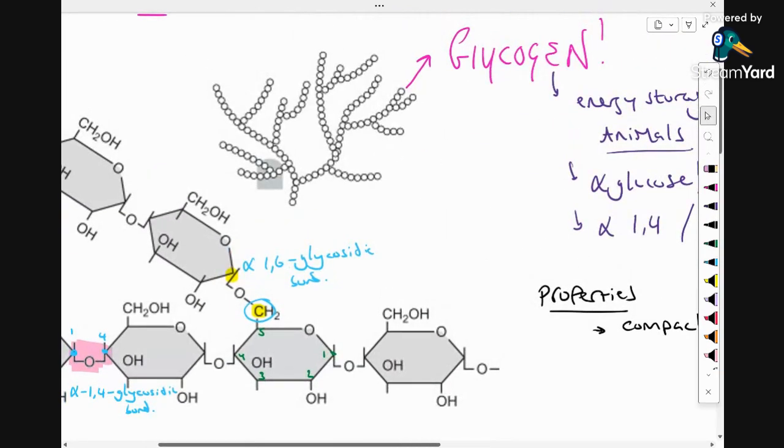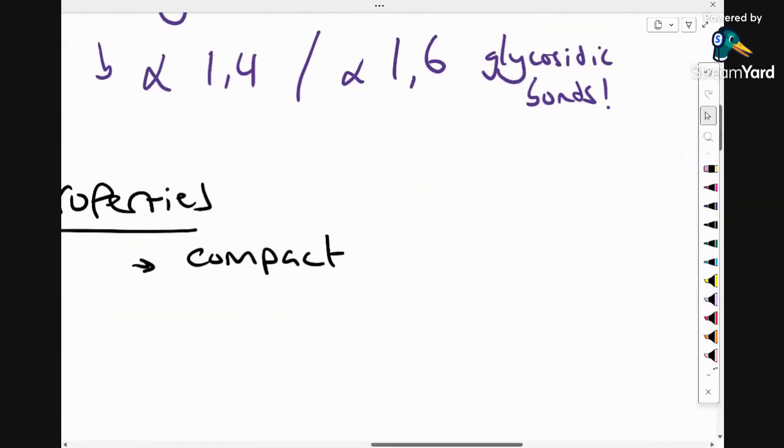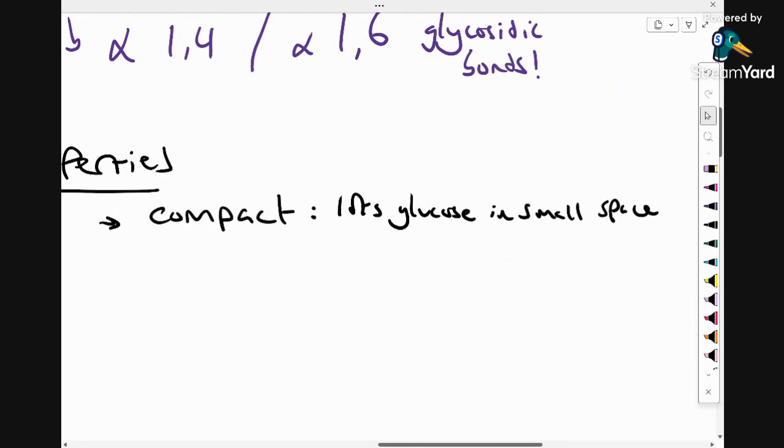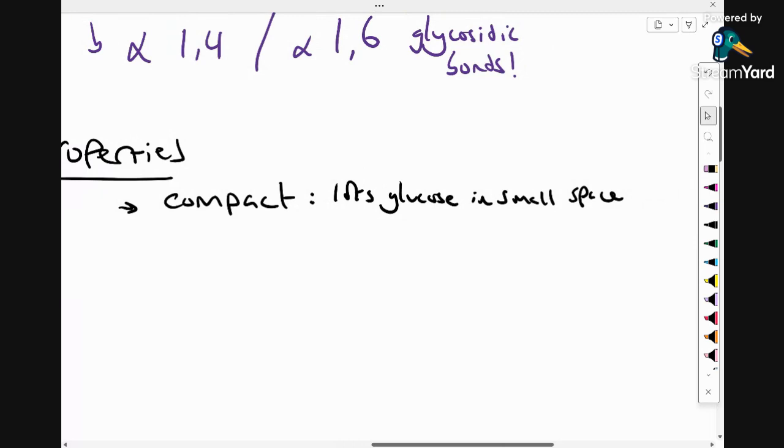You've got a lot of glucose in a small space. So compact means lots of glucose in a small space. That's useful for animal cells, because your cells are very small. So you need lots of glucose in a small space. Efficient storage, essentially, so compact.